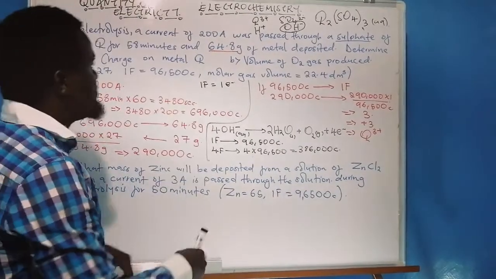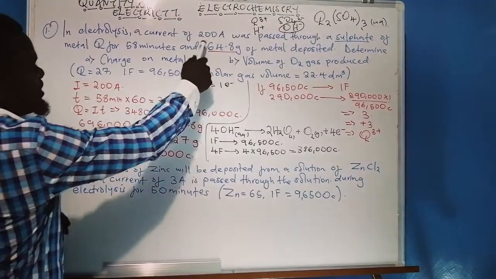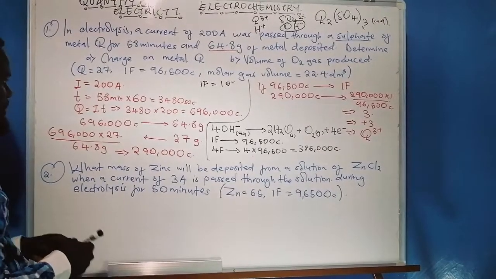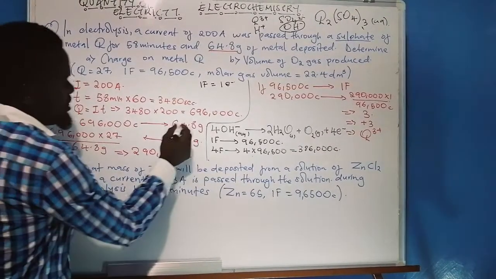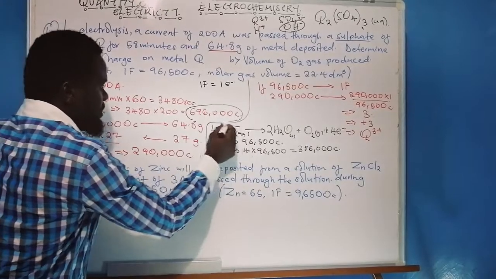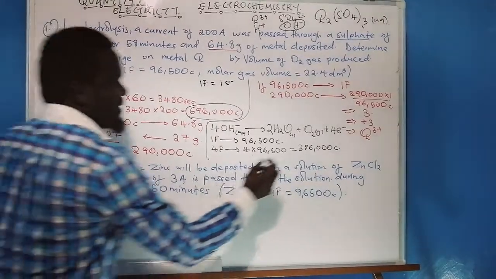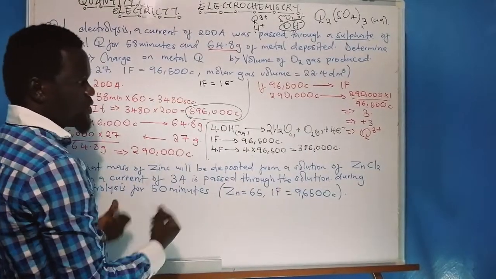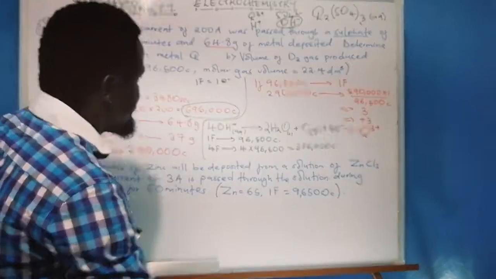But again, keep it in mind that a current of 200 amperes was passed for 58 minutes, and if it was passed, what was the quantity of electricity? It was 696,000 coulombs. So I can equate this one to this one, then I get the value for this one. So how do I calculate it?